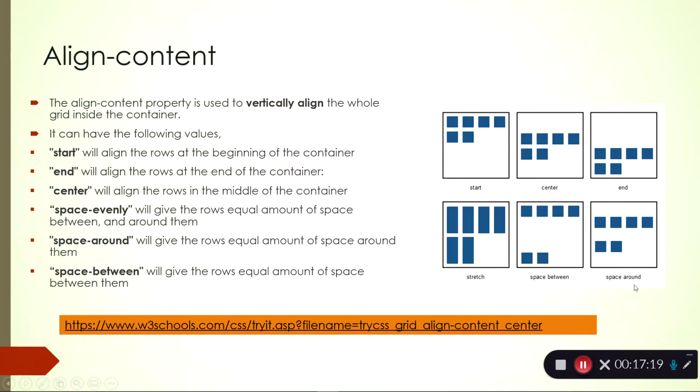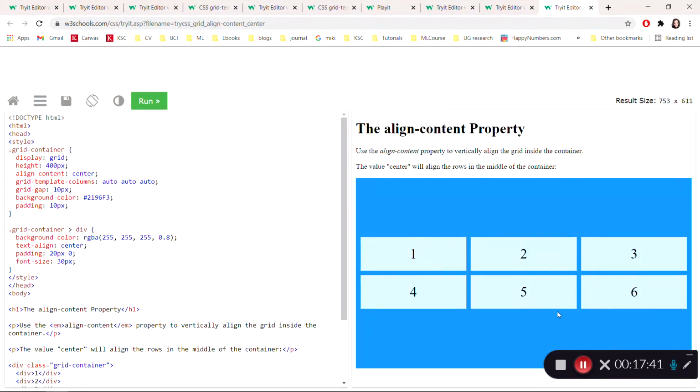The next one is align content. The same properties, but we consider everything vertically. So all those values, start, end, center, space evenly, around and between, are applied in the vertical space. You can see here it is center. Let's try stretch.